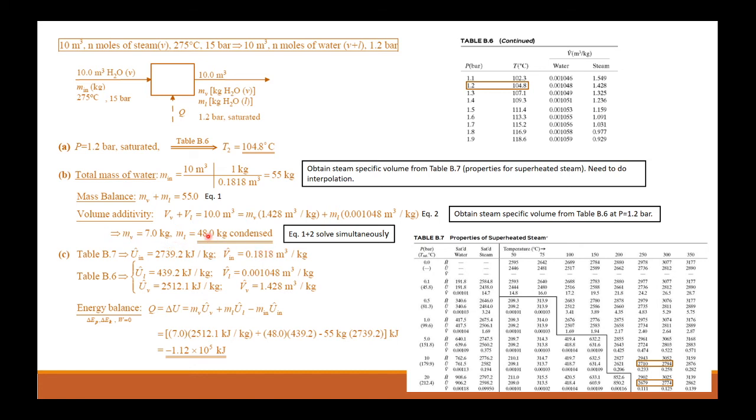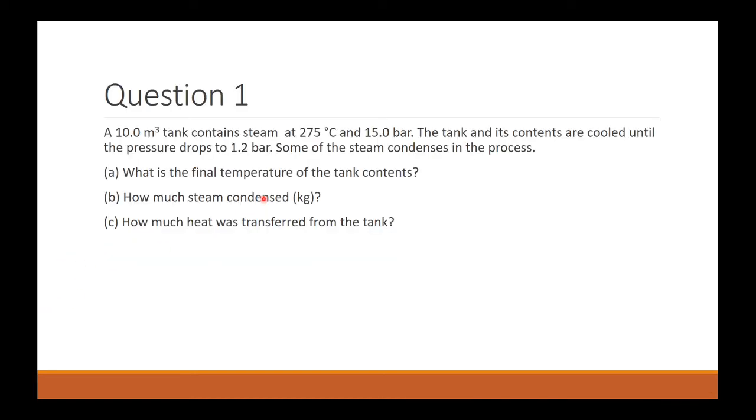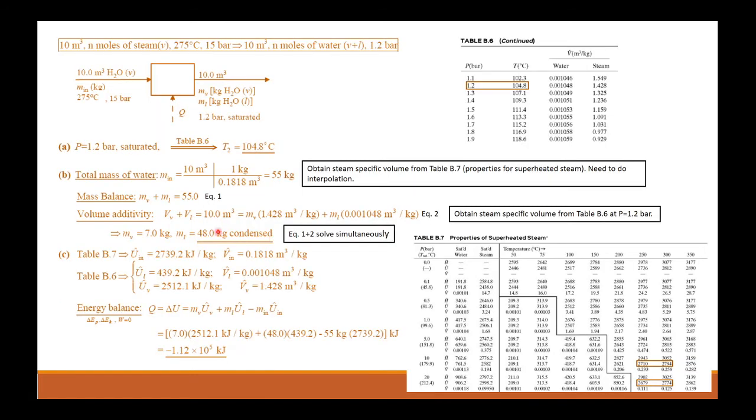Now for part C, we were asked how much heat was transferred from the tank. So what is Q? Now we know that Q is the delta U. So we can find the specific internal energy of the water in vapor and liquid phase.